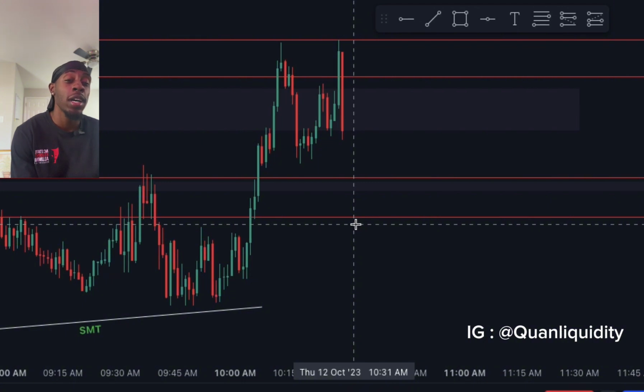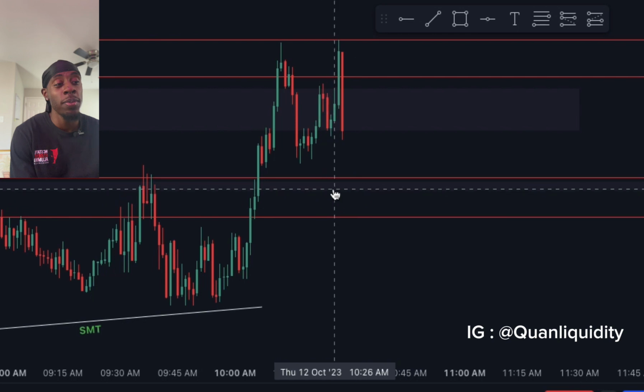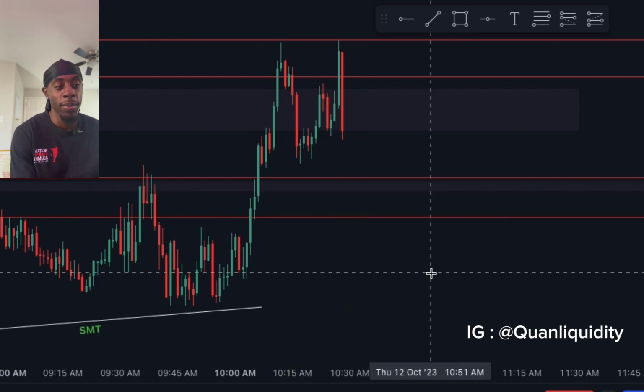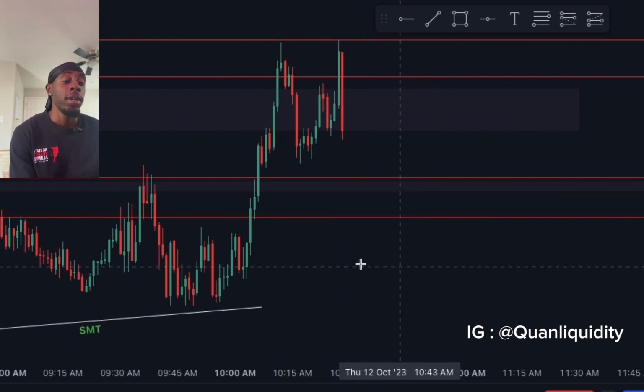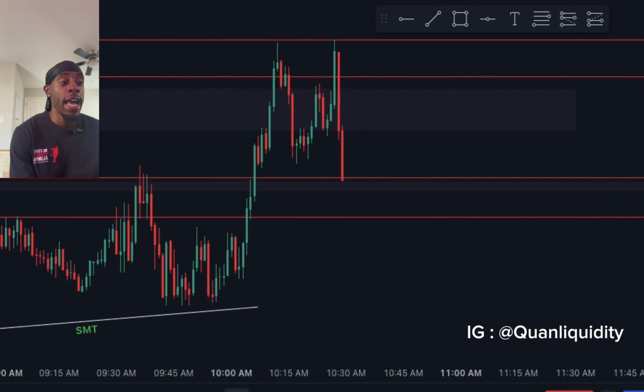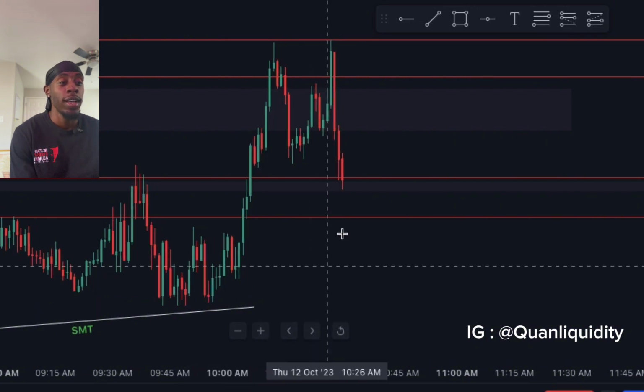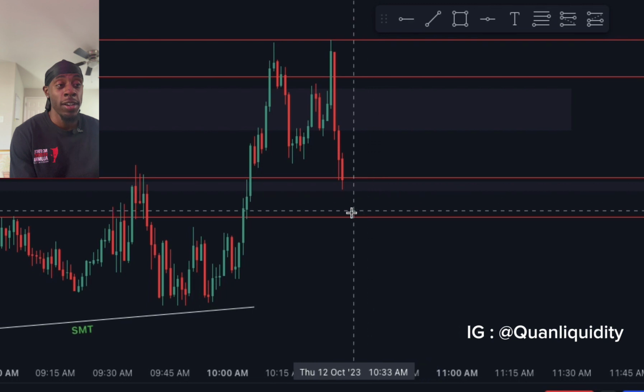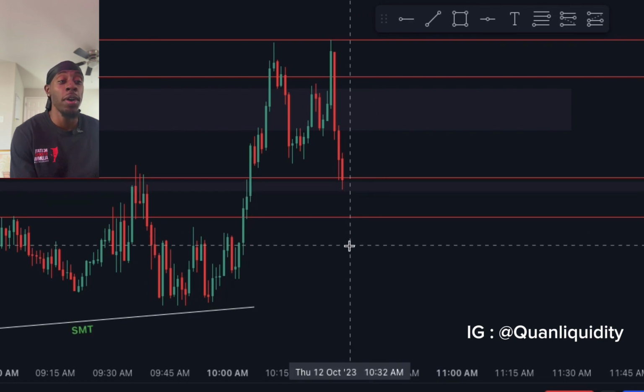They're creating double tops, and that's some retail bullshit. Mind you, my stop was about right here. As we continue to go down, we stopped right before my stop.